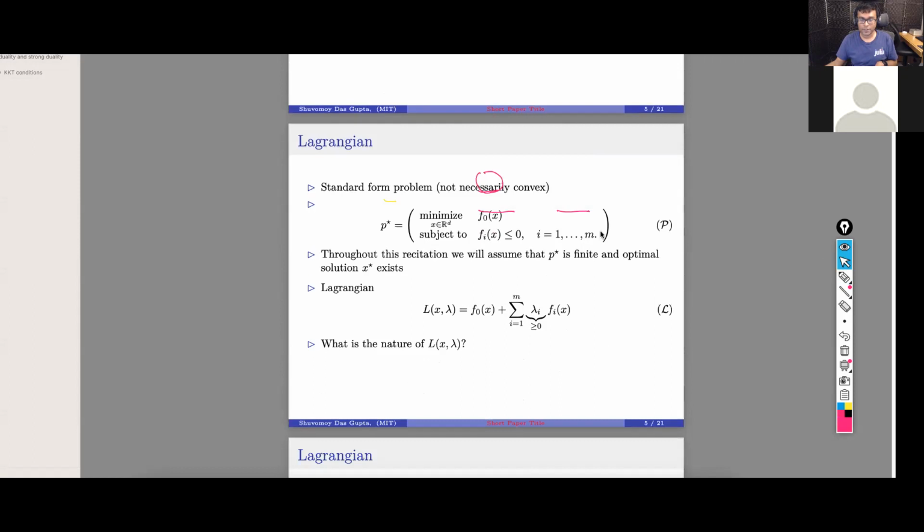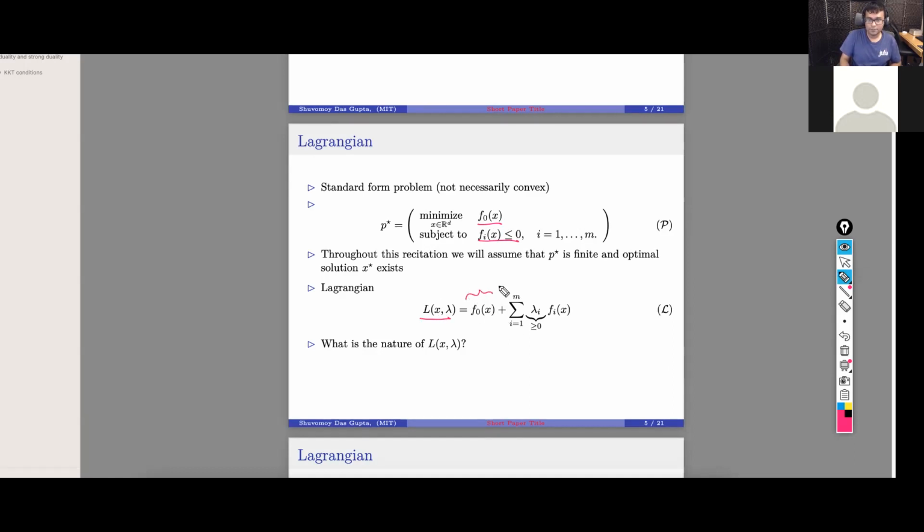Okay, so our first step was that we went back to Lagrange's time when we could not solve optimization problems because we did not have solvers, but we knew calculus. So Lagrange's idea was that he took the optimization problem and created a penalized version of it, which was the Lagrangian. So what is it?